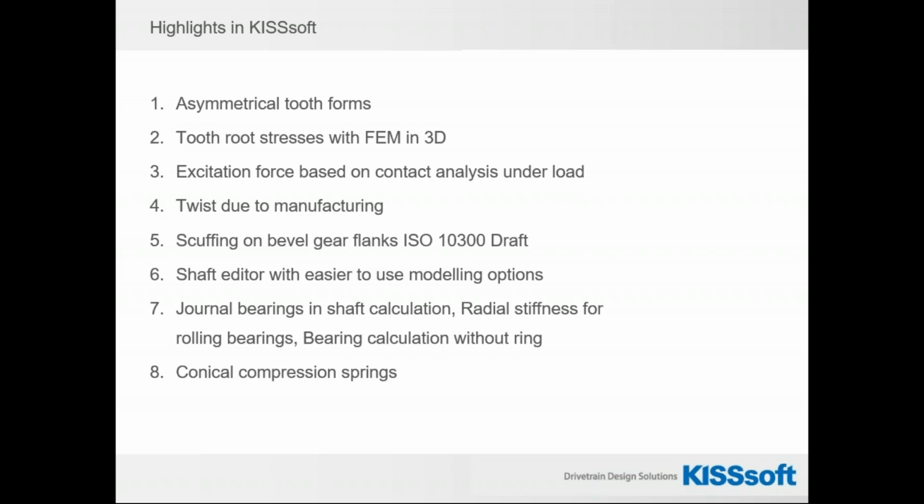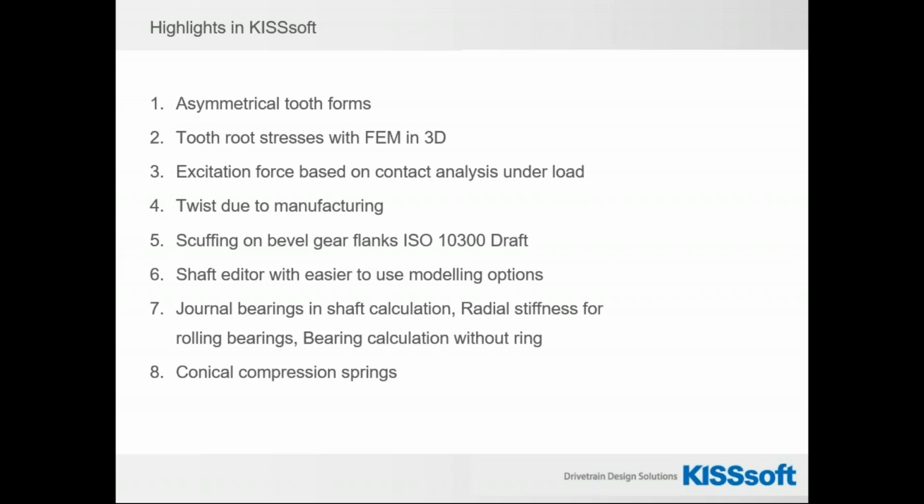And also some new topics for manufacturing. Since we are now part of the Gleason family, we also try to add some manufacturing specific modules into the software. And this year the highlight is the calculation of manufacturing twist, which occurs for helical gears that also have a crowning as a flank line modification.